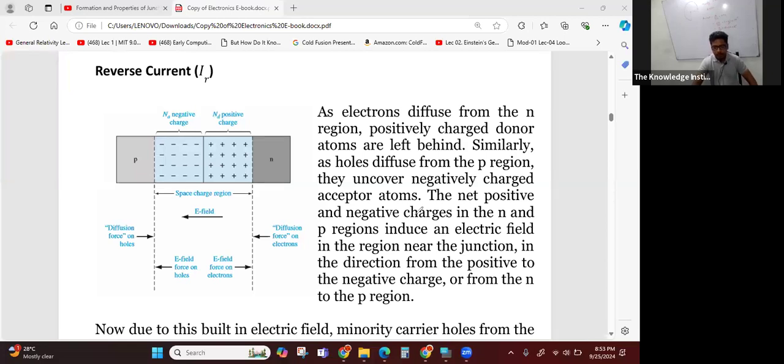The net positive charge and negative charge in the N and P regions induce an electric field in the region near the junction, in the direction from the positive to negative charge, or from the N to P region.